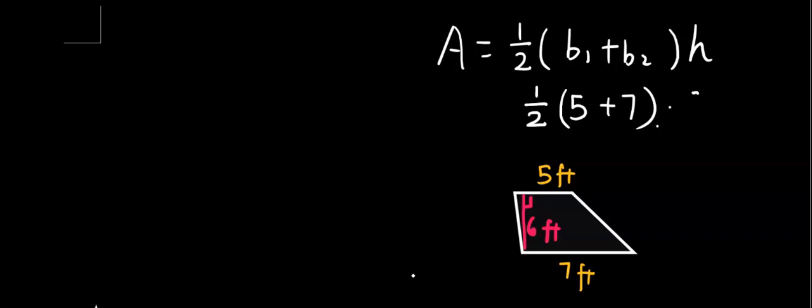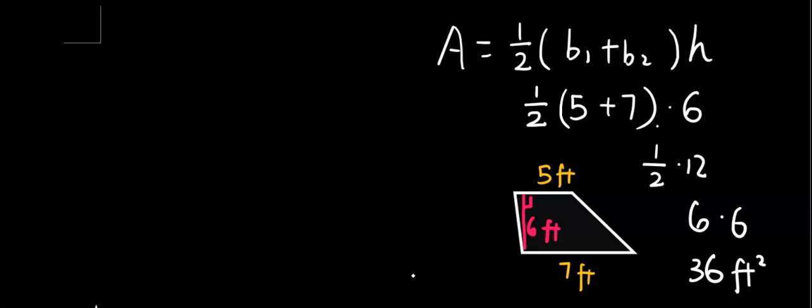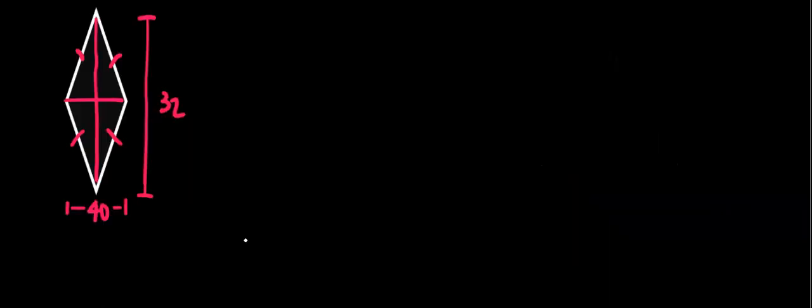Then we're going to multiply by the height, that is 6. So 1/2 times 12, that is 6. 6 times the other 6, that is 36 square feet. Let us look at question 4.